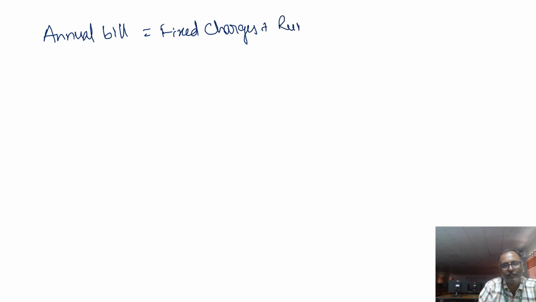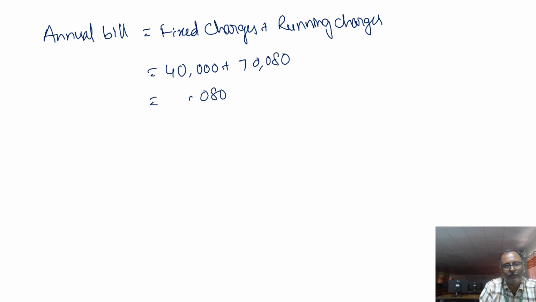Therefore the annual bill for the consumer is given by fixed charges plus running charges. So it is 40,000 plus 70,080 rupees. So we are going to get 1,10,080 rupees.